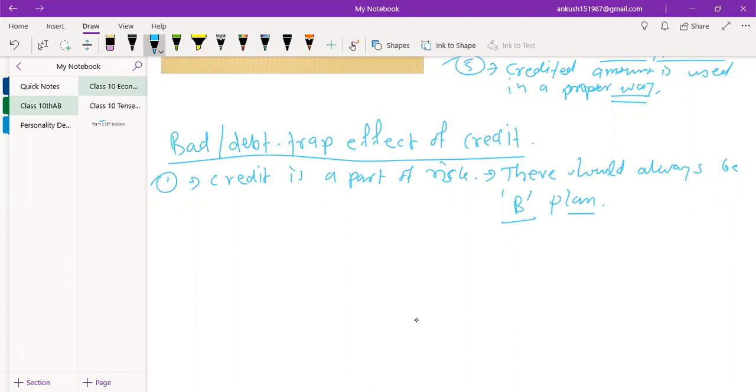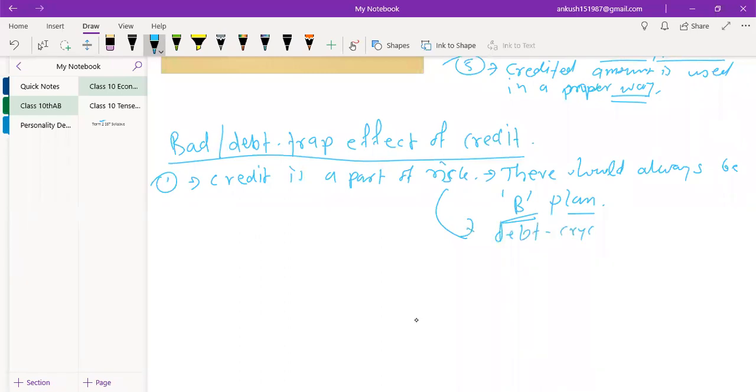What is this B plan? Suppose in case you are unable to pay the credited amount for which you have borrowed, there must be a B plan to repay the loan. Otherwise, you can be trapped into the debt cycle.